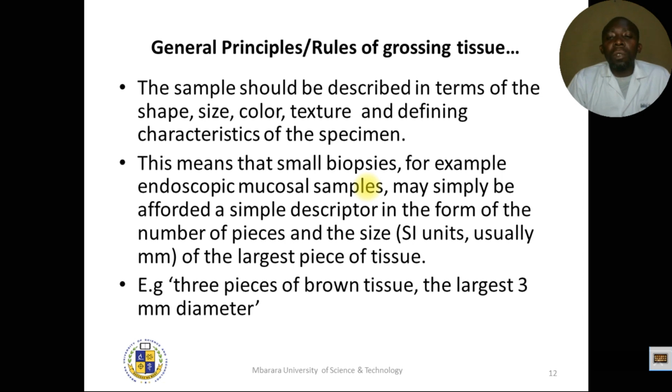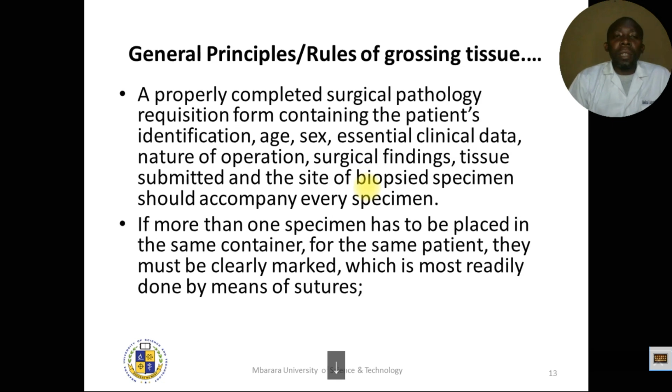You received the 5 altogether measuring either 5 millimeters or maybe the biggest measuring this by this, and all possibly put in one cassette. Like for example, we have an example here that you received the 3 pieces of brown tissue and the largest measuring 3 diameters, and they all put in one cassette. That's a descriptor which can actually generalize those small pieces of the tissue.